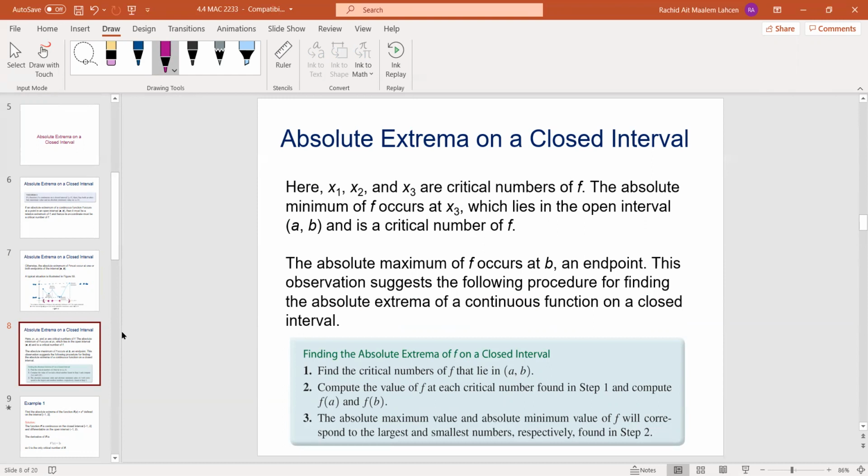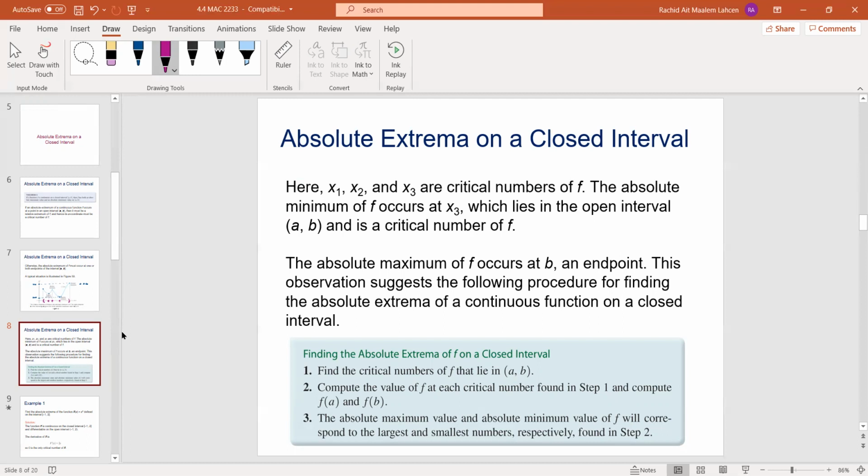These observations suggest the following procedure for finding the absolute extrema of a continuous function on a closed interval. So these are the steps. First, find the critical numbers of f that lie in the open interval (a, b). Second, compute the value of f at each critical number found in step 1, and compute f of a and f of b.